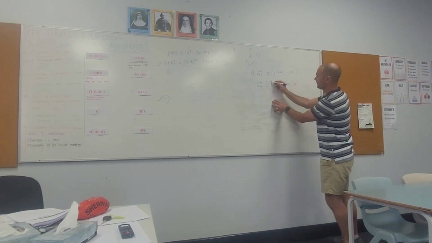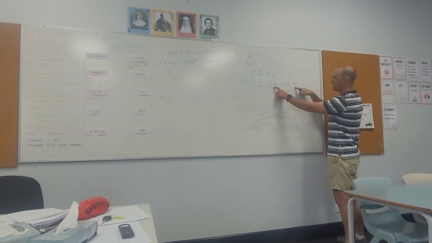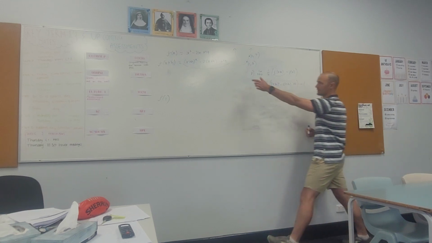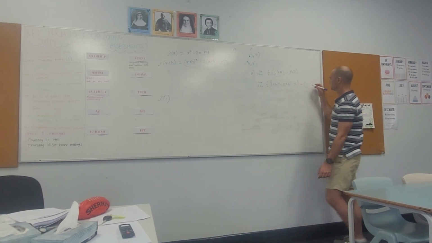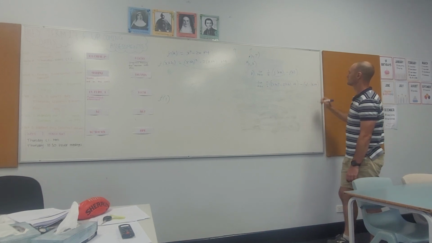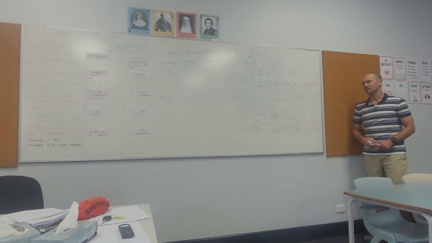All right, I'm going to put it in brackets. So we have f of x plus h. Then take away f of x. I'm going to put that in brackets too. And we have our big bracket.